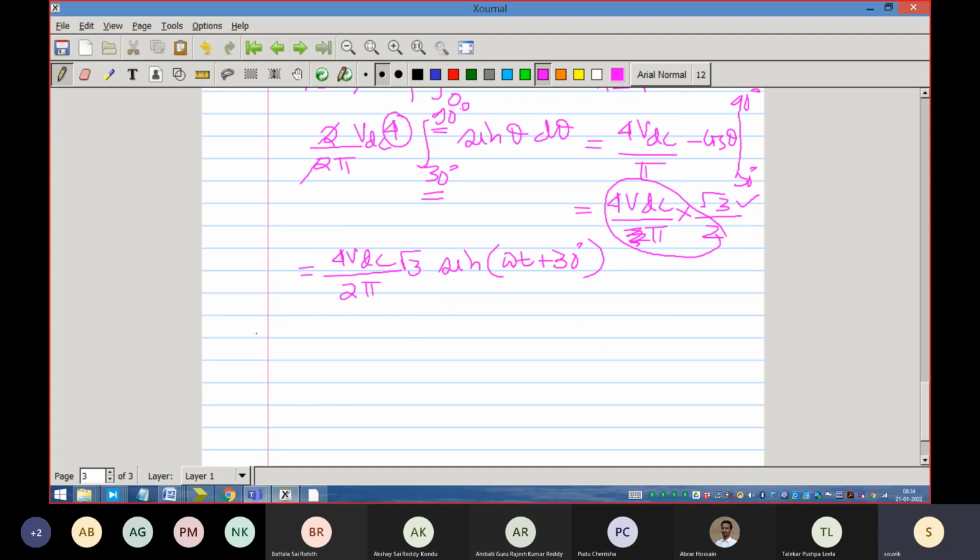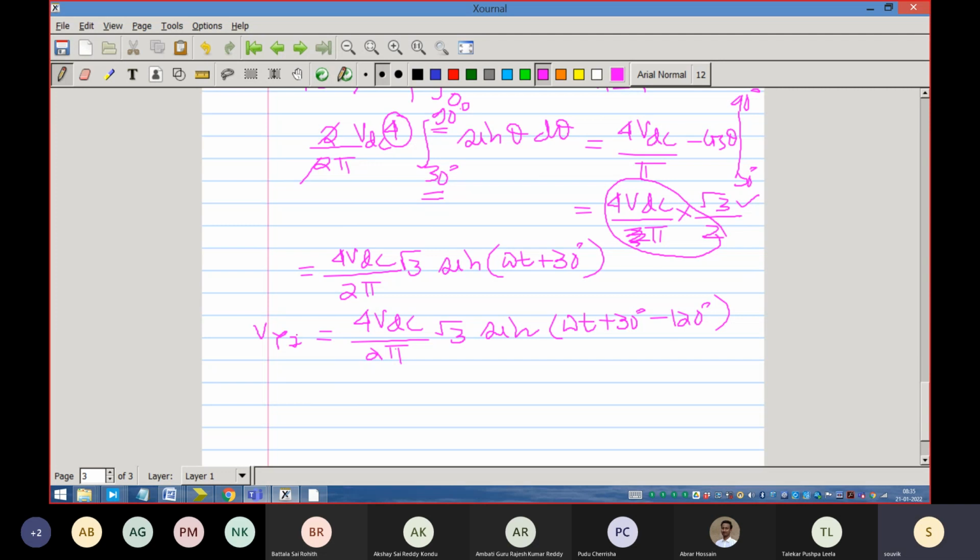So next is the Y phase. Y phase will be how much? 4 VDC by 2 pi into root 3 into sine of omega t plus 30 degree minus 120 degree. That is the sequence. Phase sequence wise, it is minus 120 degree.